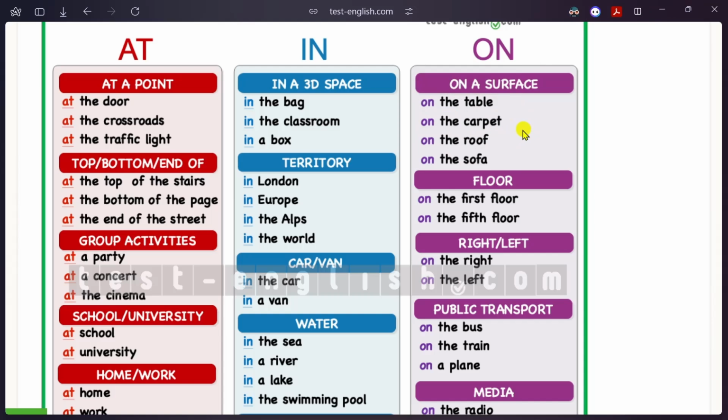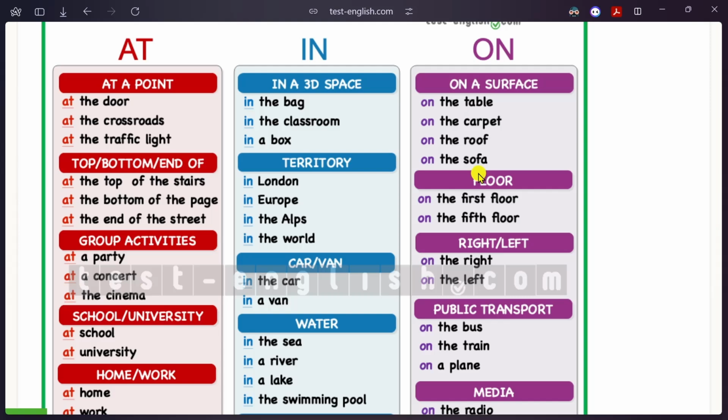On top of this surface. On top of this table, on the surface, not at the top of the table. But if you have a mountain, then it's at the top. So surfaces we use on. It's a bit difficult because there is no logic behind it. We tried to make some rules, but it's like this.